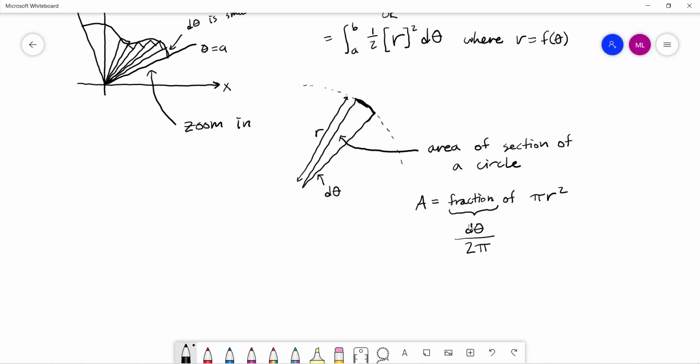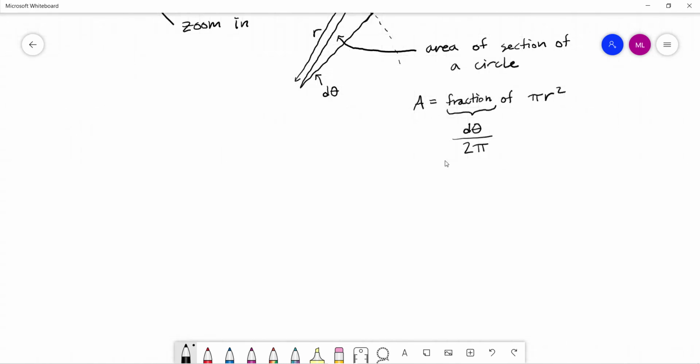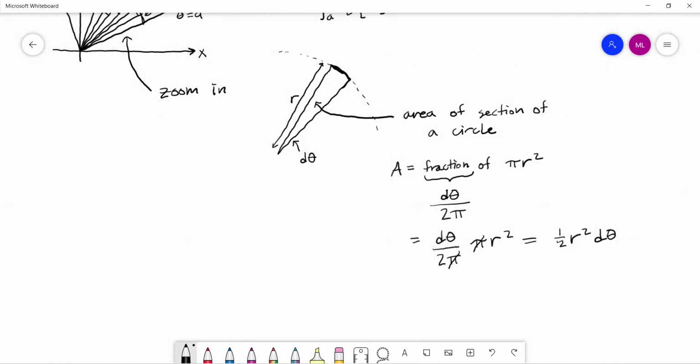D theta is our tiny angle, 2 pi is the full angle of the circle, and this gives the fraction of the entire circle that we're using. So our area is going to be d theta over 2 pi times pi r squared. The pi's cancel, and we wind up with 1/2 r squared d theta. That is the little area of this little piece.